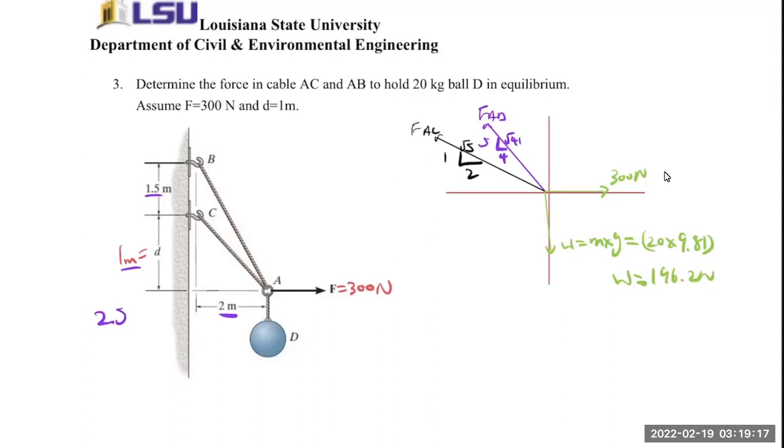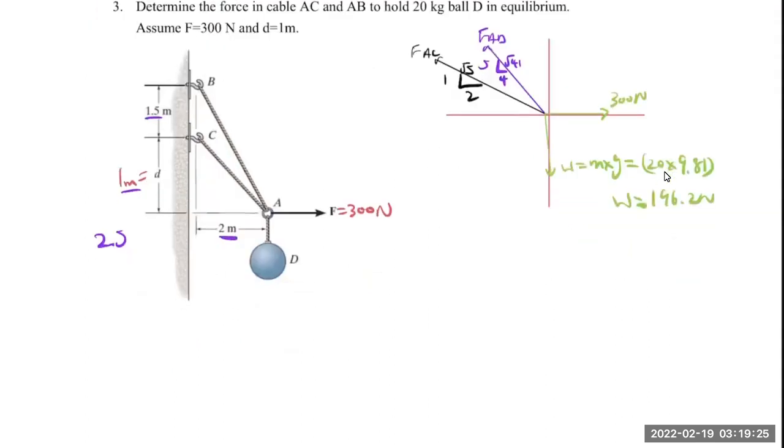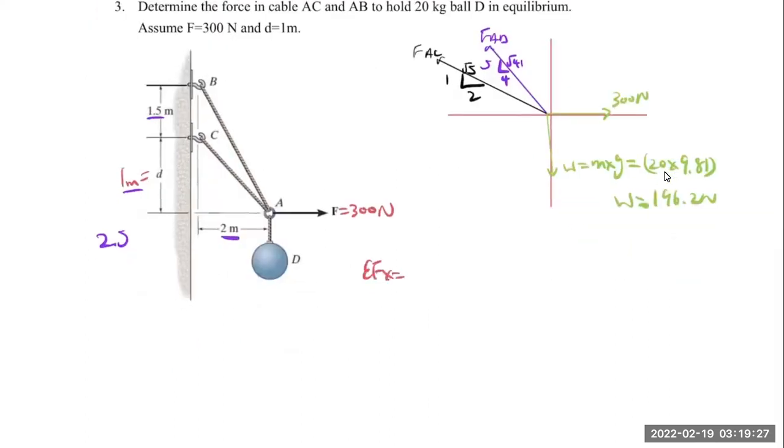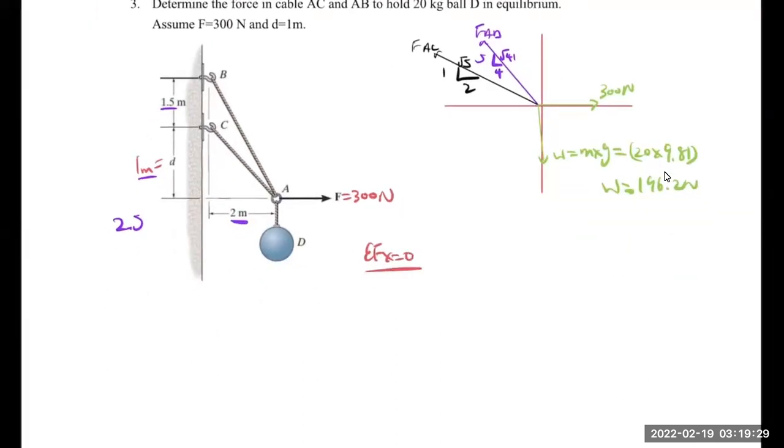Okay, so next thing we'll have to do is apply my equations of equilibrium to find out the force in cable AB and AC. Okay, so summation of force in the x direction equal to 0. In the x direction, I have a negative 300. No, not negative 300, because this is my positive x and this is my positive y.